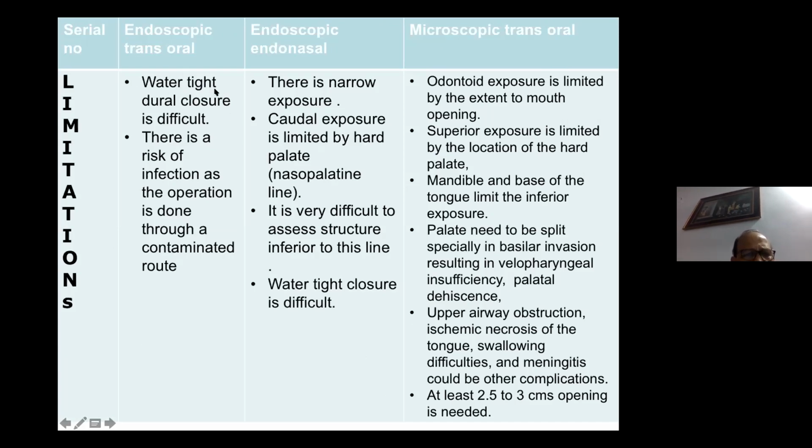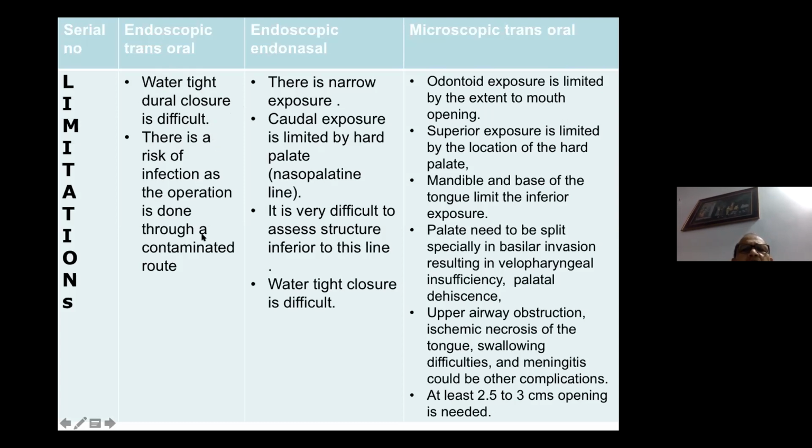Majority of times the dural leak is very rare otherwise. If it happens, then it is just a puncture. So you can use glue. So this is not an issue. There is a risk of infection, potential risk of infection.